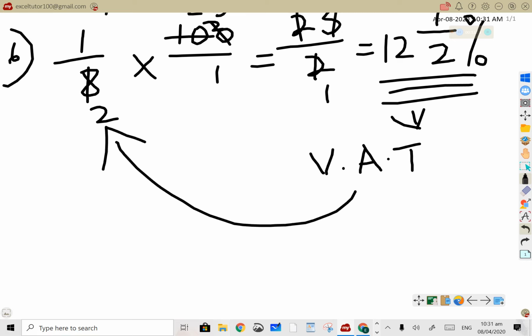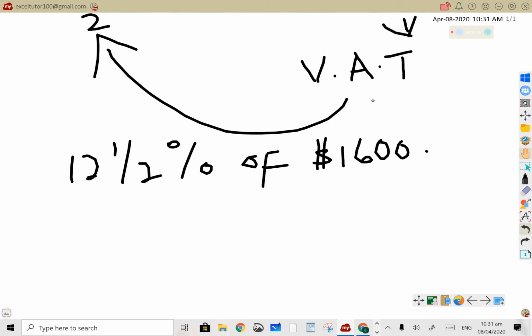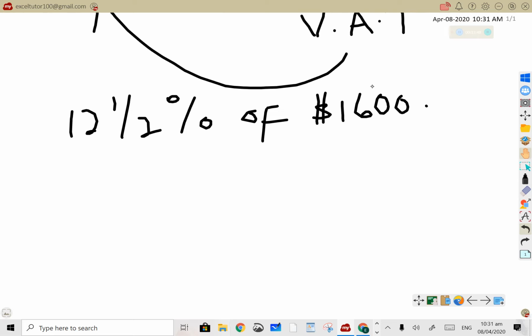So if they ask you 12.5% of $1,600, we would not use the 12.5. We would use our conversion.